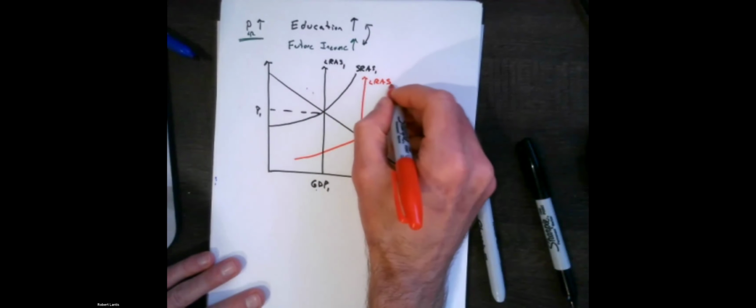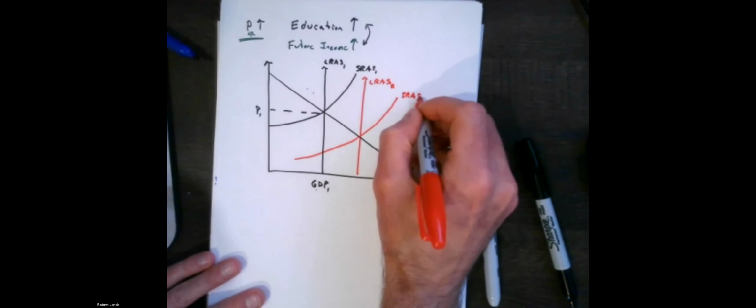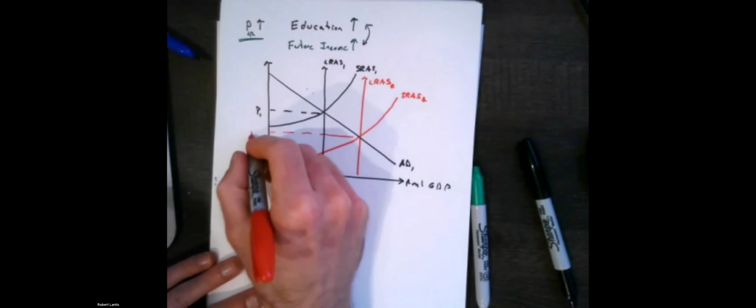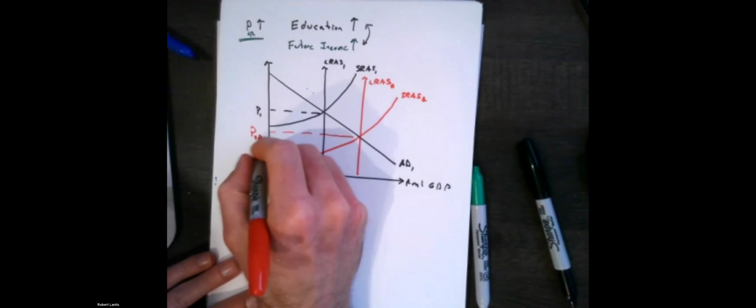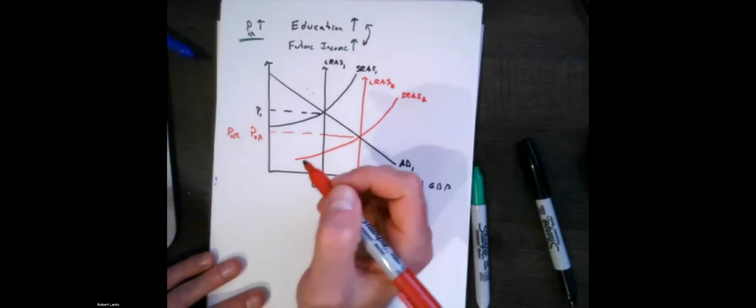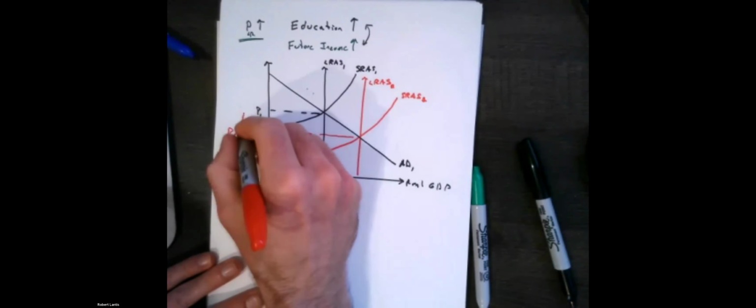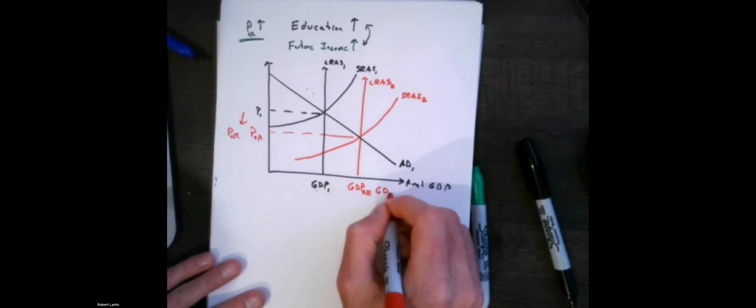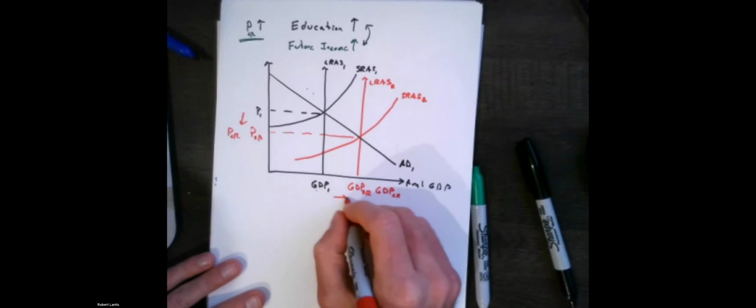So what impact is that going to have? It's going to push my prices both in the short run and the long run down. It's going to push my GDP in both the short run and the long run to be higher.